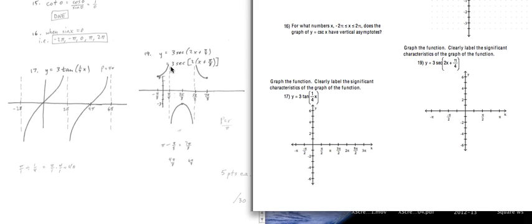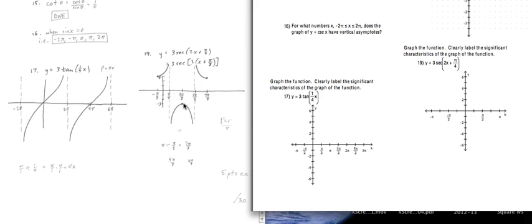My advice is, step 1, graph 3 cosine 2x. Act as if this plus pi over 4 is not here. And then, after you graph 3 times the cosine of 2x, you use the cosine as kind of like your model.